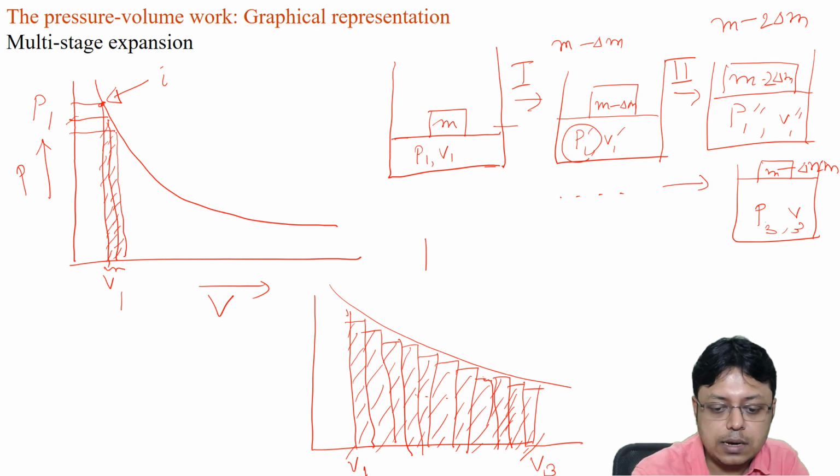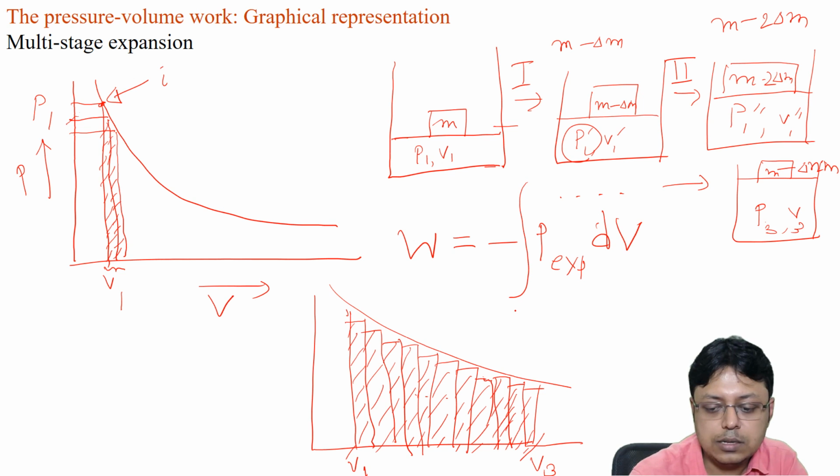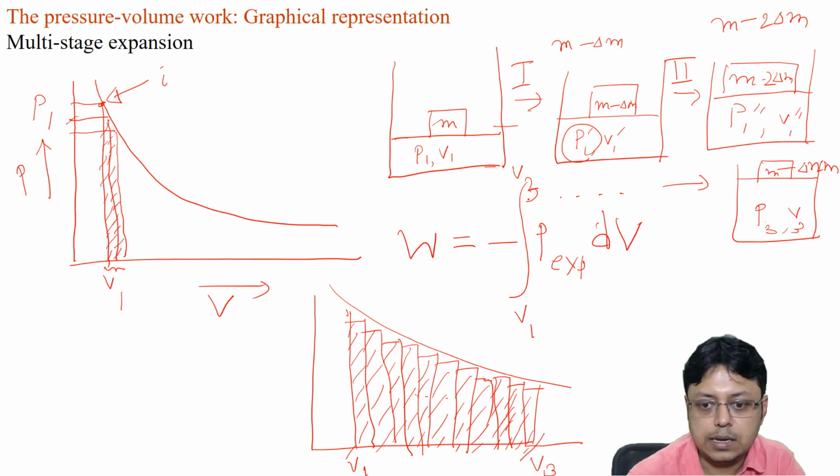In this case, the work done is nothing but negative of P external into delta V. I will use a differential notation because I am changing the volume by a little bit, and then I have to integrate the small work done for each change in volume, where the entire volume is going from V1 to V3, say.